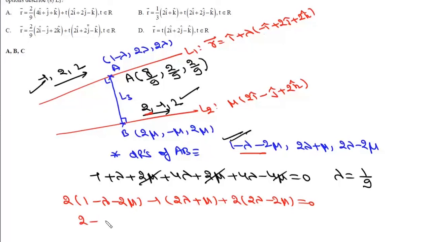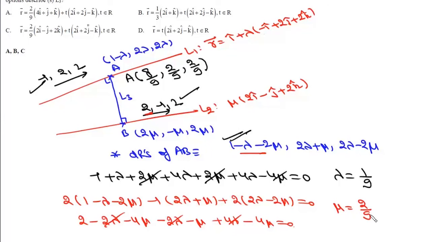Now we'll get 2 minus 2 lambda minus 4 mu minus 2 lambda minus mu plus 4 lambda minus 4 mu equals 0. Now 2 lambda and 4 lambda will cancel. We'll get 9 mu equals 2. So the value of mu is 2 by 9.